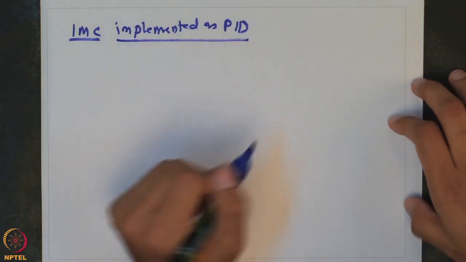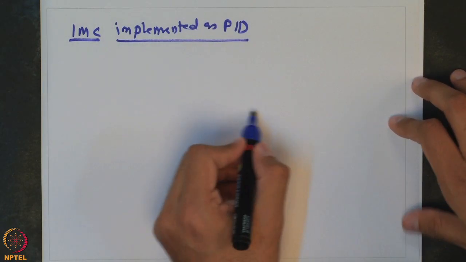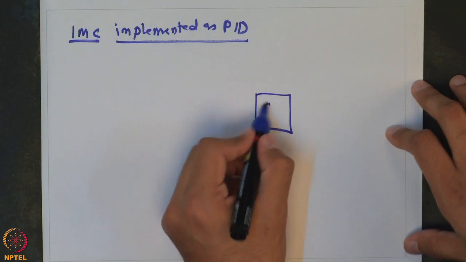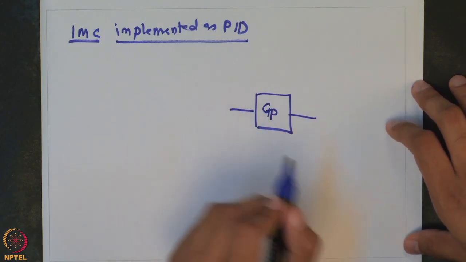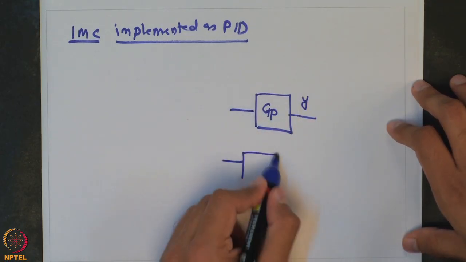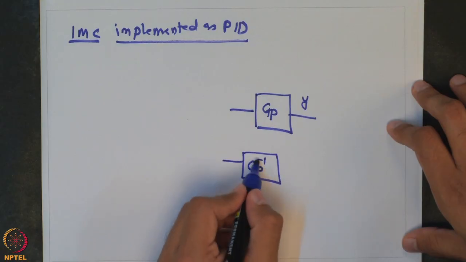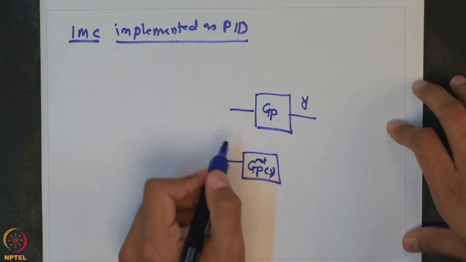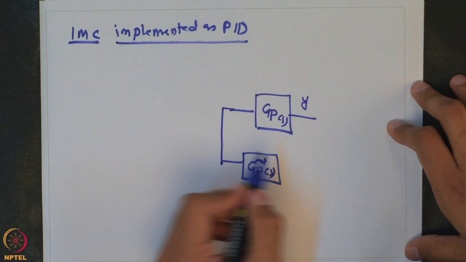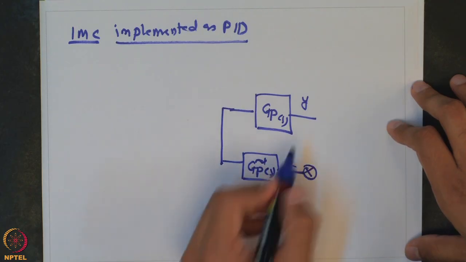So, let me just show you what we have done. This is your process Gp, this gives you Y. You also have this Gp tilde S, which is the prediction. You take the difference between these two.